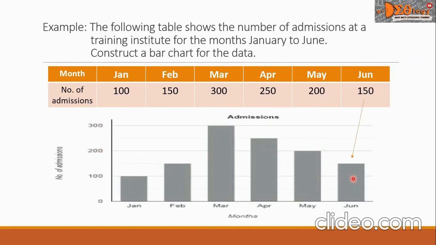The last rectangle is for the month of June with the frequency 150. We can see also that the height of the rectangle is in between 100 and 200. So we are done with our bar chart for our example, and this is our final answer.